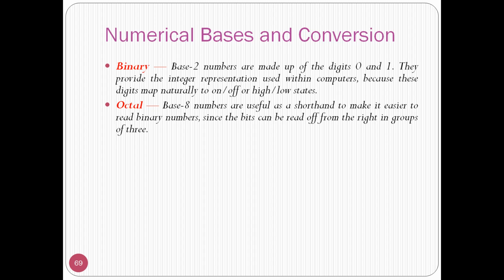Generally, octal is the easiest way to read binary numbers, since we group from the right in three values, each of which represents an octal digit.